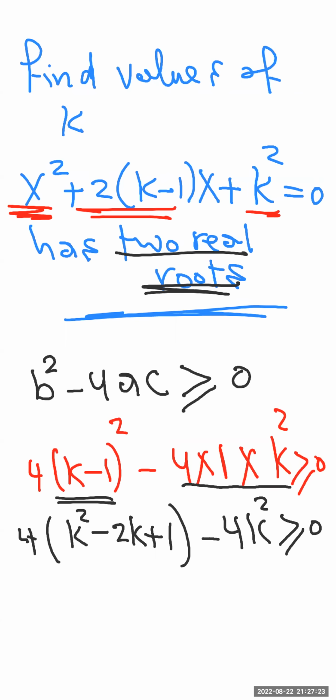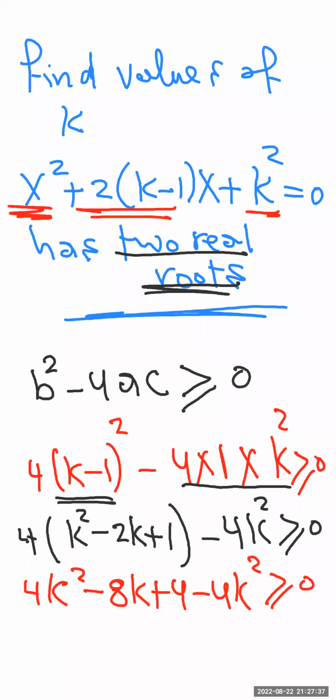Okay. Now, multiply 4 by the bracket: 4k squared minus 8k plus 4 minus 4k squared greater than or equal 0. Okay, negative 4k squared, positive 4k squared. Now, negative 8k plus 4 greater than or equal 0.